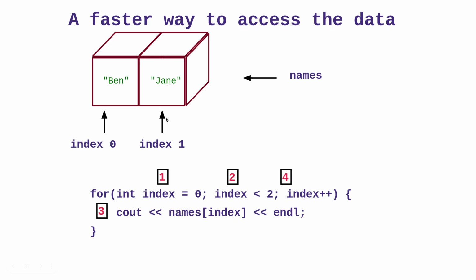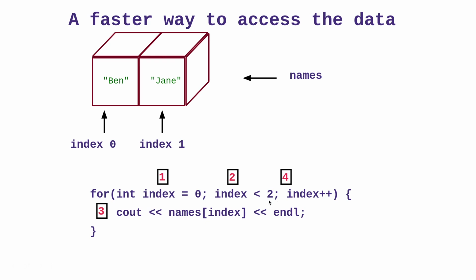So let's simulate it. When the computer starts up, it's going to come here, it's going to see this box declaration, and so it's going to go ahead and create a box. All right, and it's going to initialize it to 0. Great. Once it has done that, then it's going to come over here to step 2 and check, is the value inside the index box less than 2?